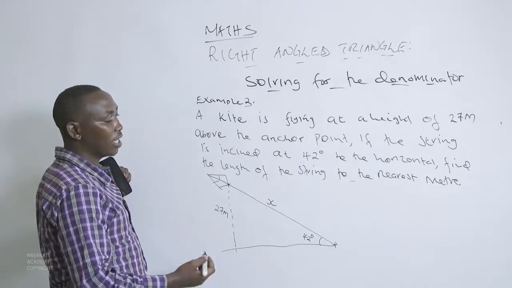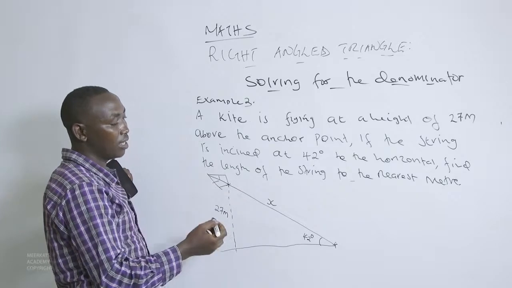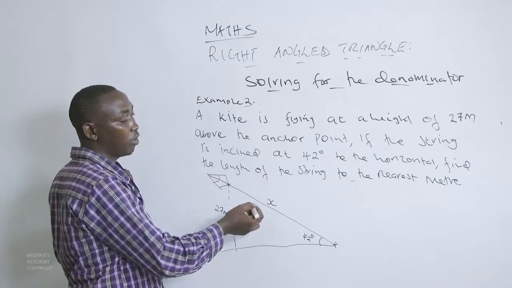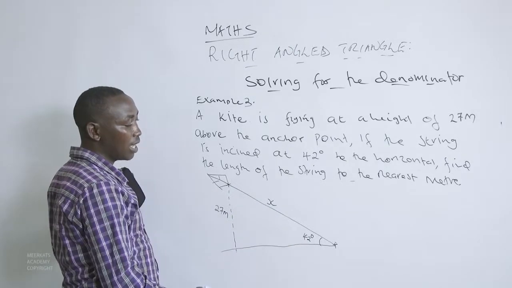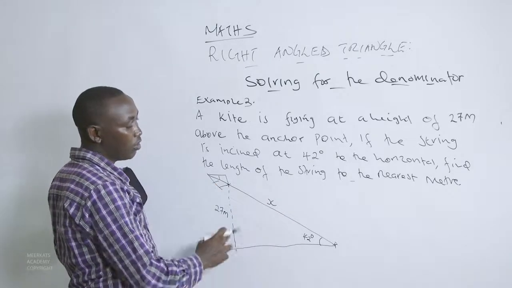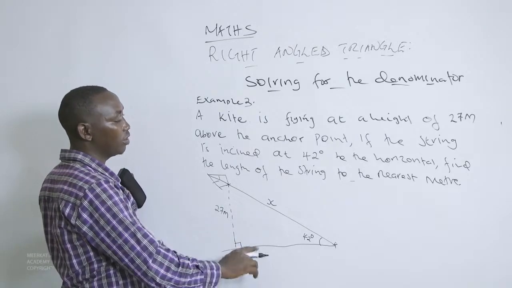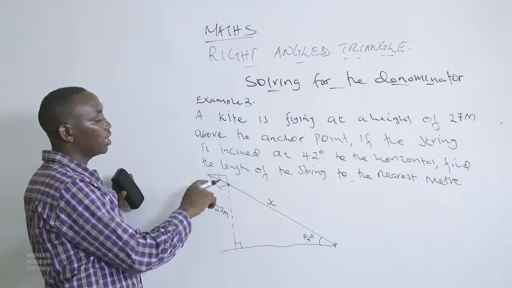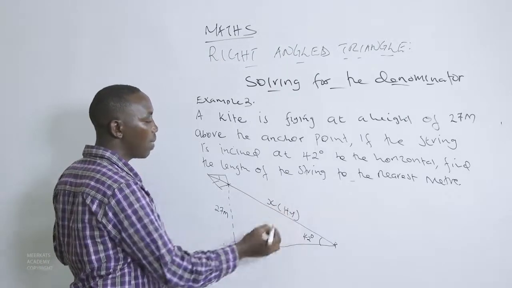We had said that to obtain the unknown pronumeral, we need to understand the relationship of that pronumeral to the angle that you have been given. In this case, x is the hypotenuse of the right angle triangle formed by the horizontal and the string supporting the kite.